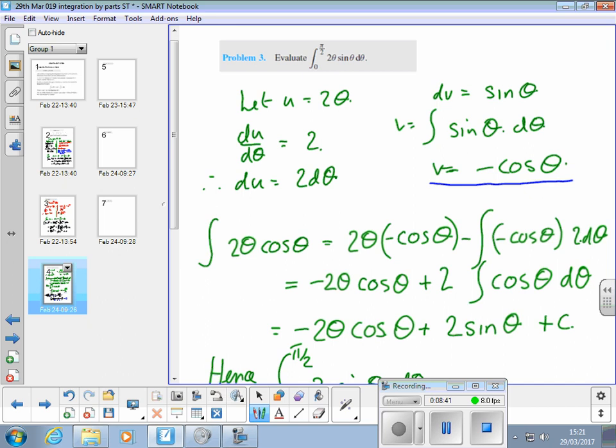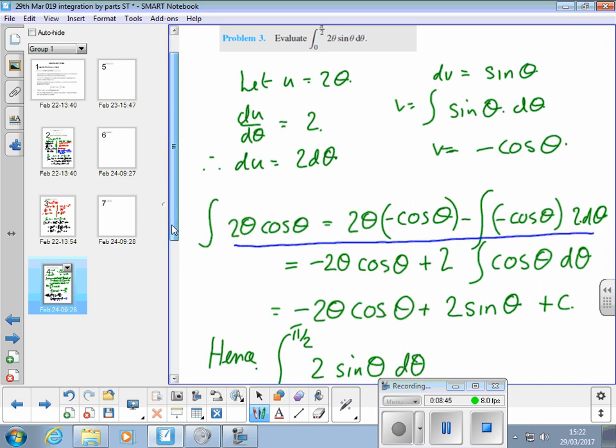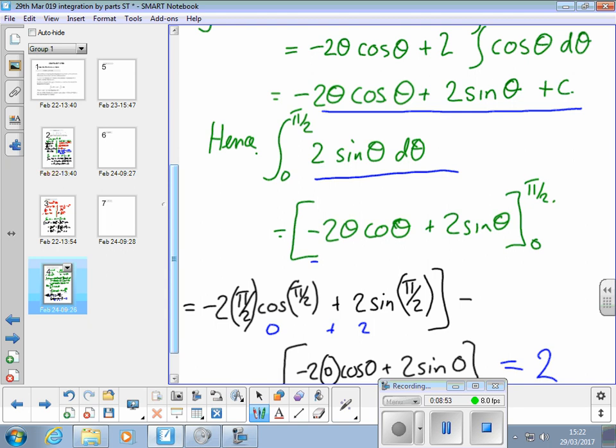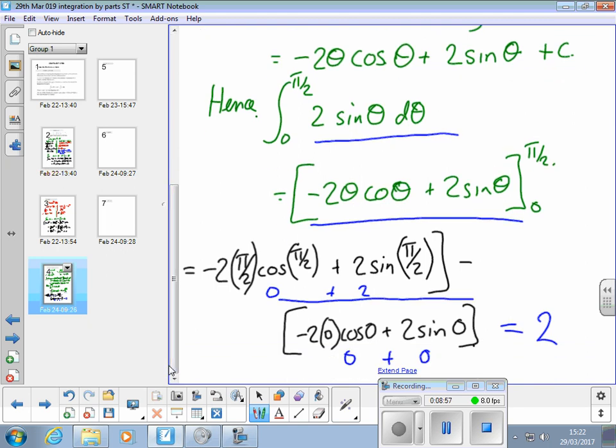Plug that into the integration by parts formula and solve. Then we deal with the definite integral, writing it out, plugging the numbers in to come up with a final answer. Evaluation, and then all that equals 2. Yep.